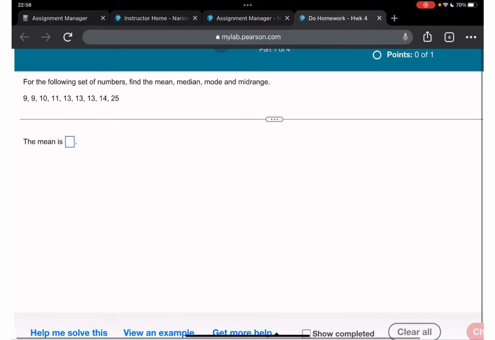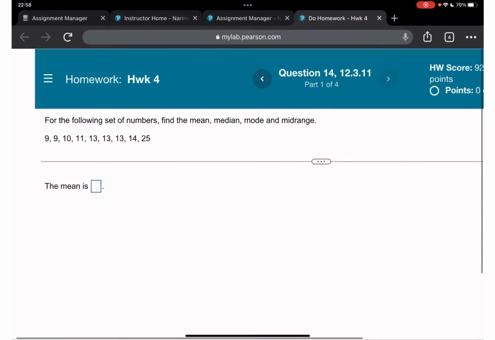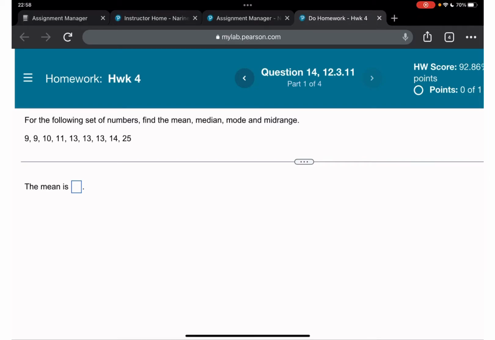Okay, we need to find mean, median, mode, and mid-range. First of all, we need to find median. We need to have it in ascending order, which we do have. That's good.